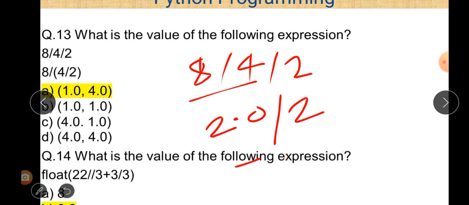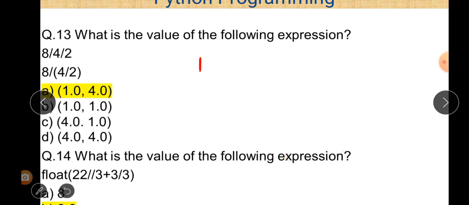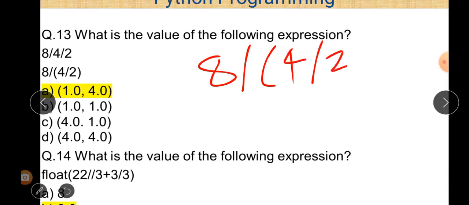So let us check the second value. Second is 8 divided by, and there is a sign of parenthesis here, 4 slash 2.